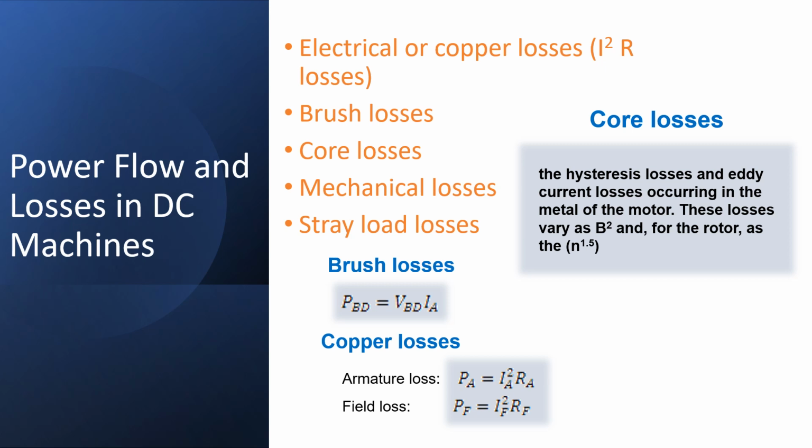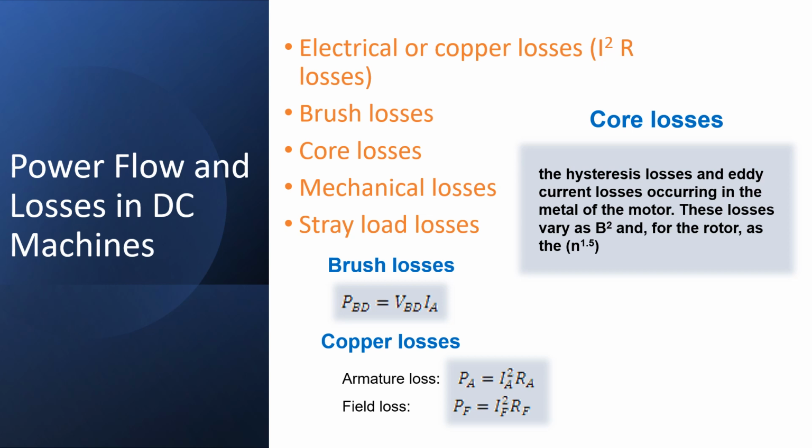For the brush loss, the formula is P_BD = V_BD times I_A. V_BD is the brush contact drop or brush drop, and I_A is the armature current.